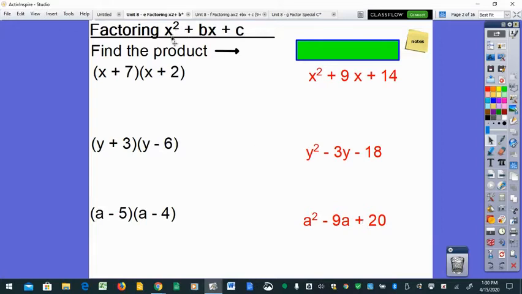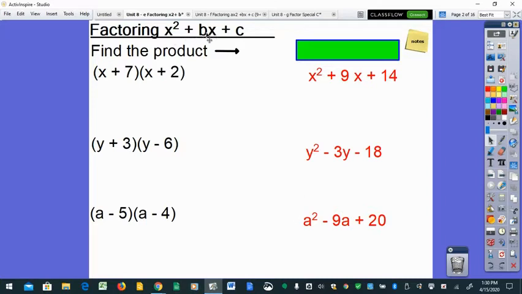Now, all of these quadratic trinomials are in standard form, and standard form for a quadratic is called ax squared plus bx plus c. So the number that is the coefficient of the square term would be called a, and all of these have the number 1.